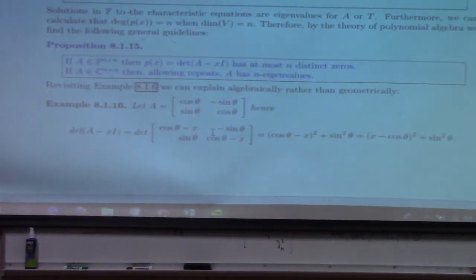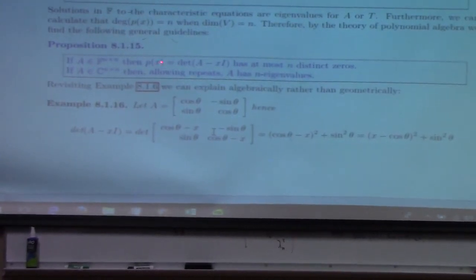So there are some theorems I should tell you. First of all, if we have the characteristic polynomial, it has at most n distinct zeros.